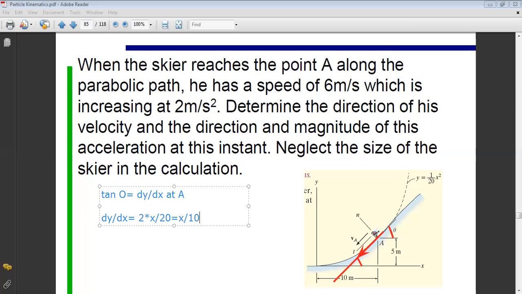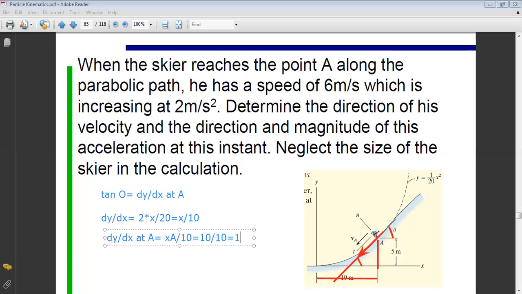Now, to find it at A, if you look at the figure, you need to find x of A. From the figure, if you do the projection of A on the x-axis, the coordinate of A is 10 meters. So now if you replace in your equation here, you can say that dy over dx at A is simply equal to x of A over 10, which is 10 over 10, equals 1.